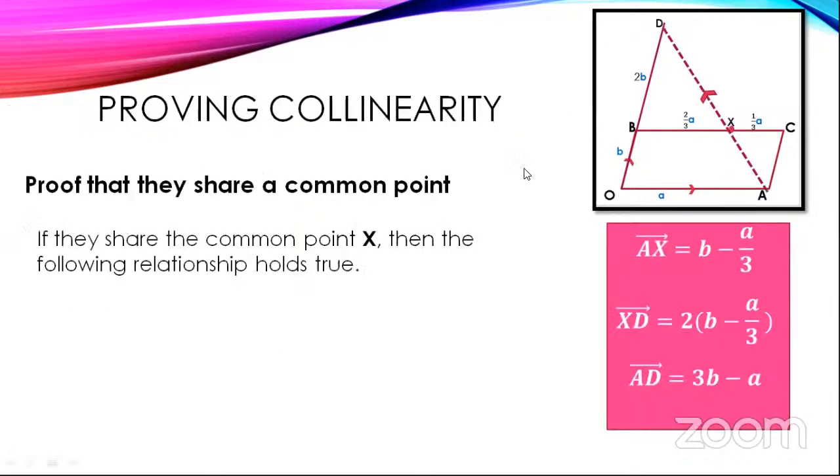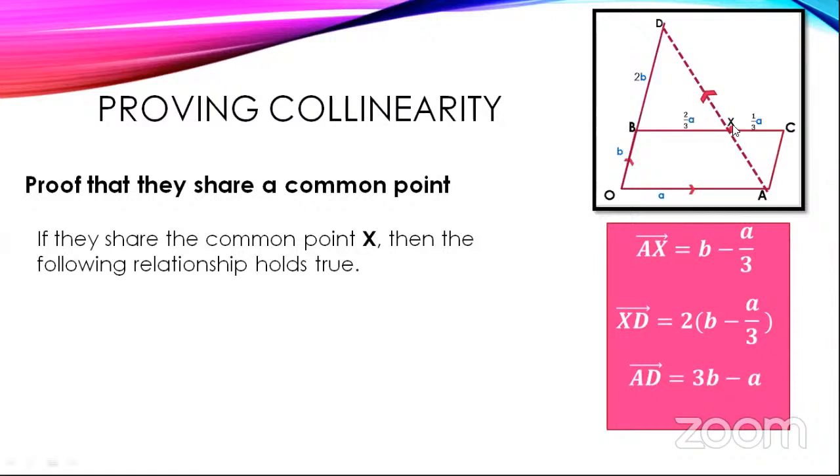All right. So proving now, proving the collinearity. So proving that they share a common point. As I've said, X was the common point. Now let us see if this is true. We have to always show that something is true.